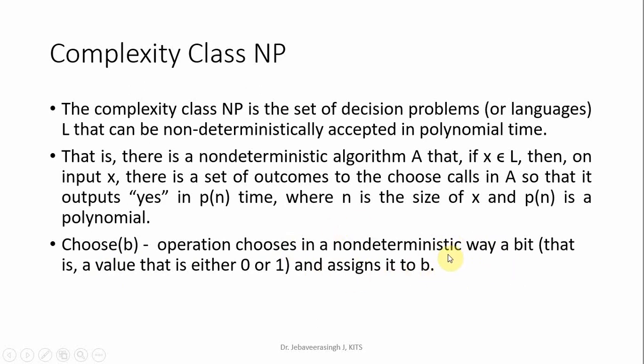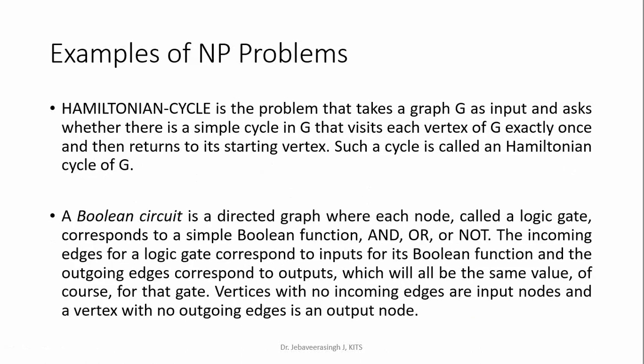We do not know whether it will choose 0 or 1. So in some cases it will give polynomial time. If that happens, it is known as an NP class problem. In the case of P, in the worst case it is going to be polynomial, so it cannot be anything else. In NP, in some cases it will have polynomial time, otherwise it will not. So it is an NP class problem.